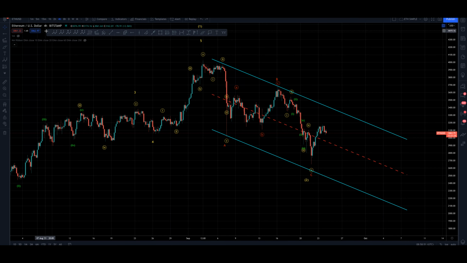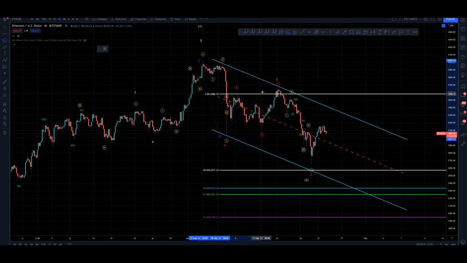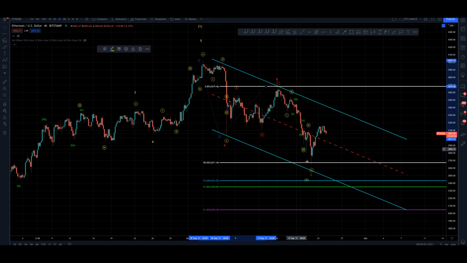And if we just check our lengths here of the C relative to the A, we should get 100% or close to. So let's just take the length of the A, project it from our B, and we just wick through the 100. It's pretty much to the tick, 1-to-1, and then we bounce. So that's a pretty classic zigzag correction inside of a channel at 1-to-1 parity.